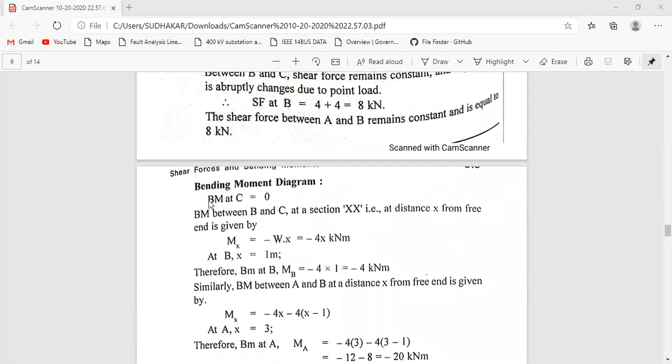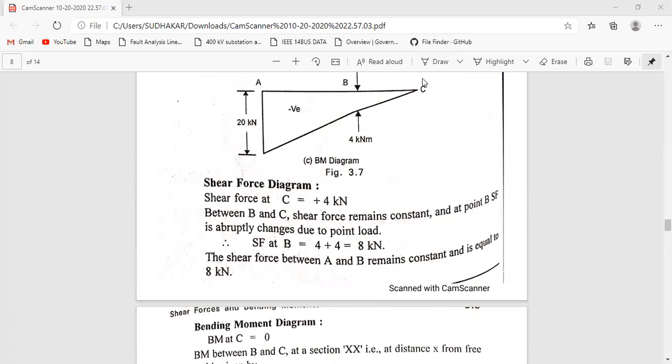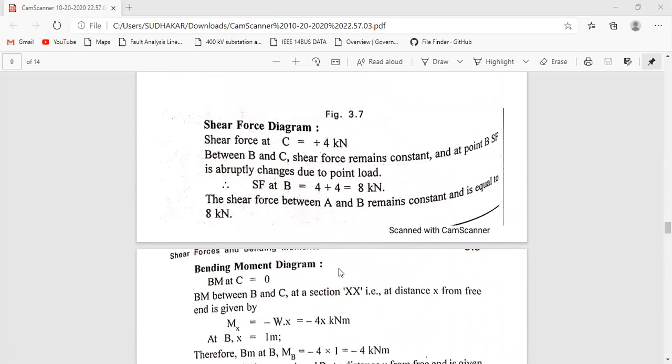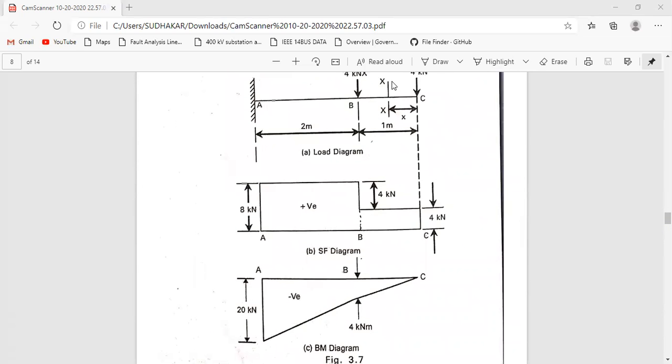Bending moment at C equals 0. Why? Because there is no distance here for the force to produce bending moment. Bending moment between B and C at section XX, at distance x from the free end, is given by minus W into x. I'm just considering a section XX here.